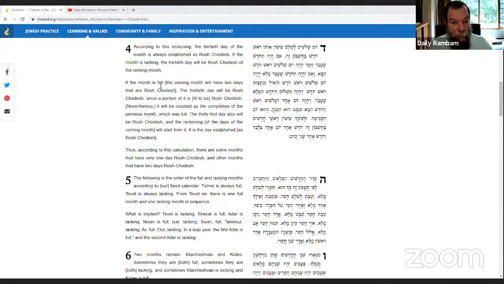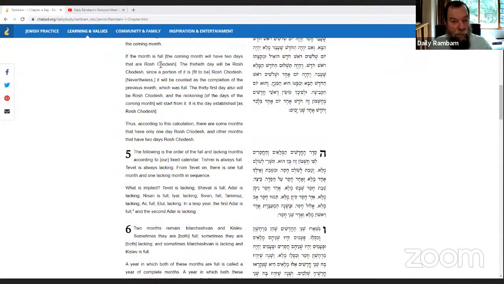If the month, the second paragraph here in number 4, if the month is full, that means if theoretically this month of Tevet would have 30 days, a full month, then the 30th day will be Rosh Chodesh, since a portion of it is fit to be Rosh Chodesh, right? 29 and a half days. Nevertheless, it will be counted as the completion of the previous month, which was full. The 31st day also will be Rosh Chodesh, and the reckoning of the days of the coming month will start from it.